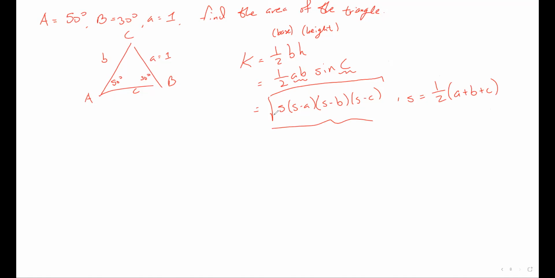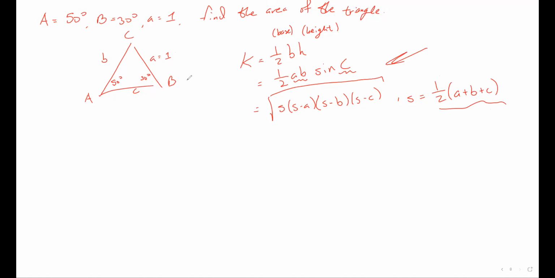I think it's like Heron's formula or something like that. Yeah, that one's the one she gave us. This one requires all three sides, and sadly we don't have them. We have only one. So maybe it'd be better for us to use the second formula or something like that.